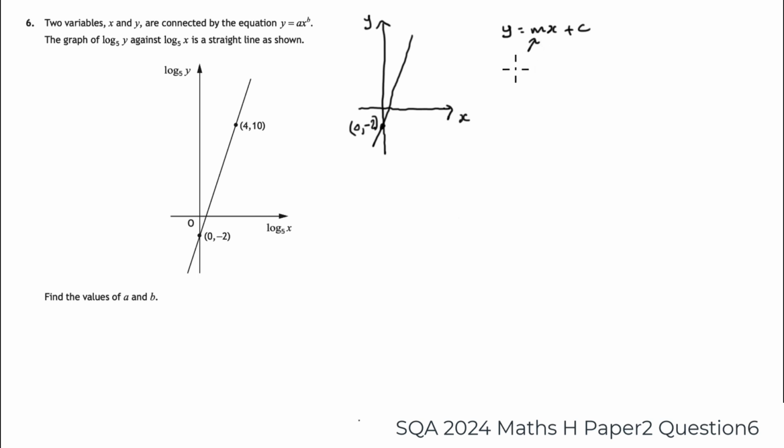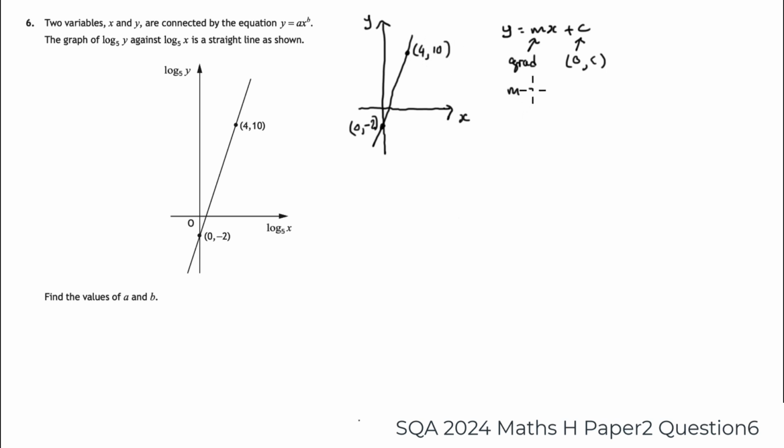Remember, that's the gradient of the line, and this is where it crosses the y-axis. So we'll just pretend things are as normal, and then we'll have to deal with these logs in a wee minute. So let's work out the gradient, and we know 2 points on the line.